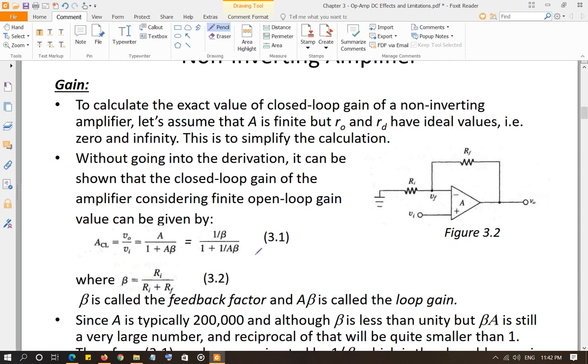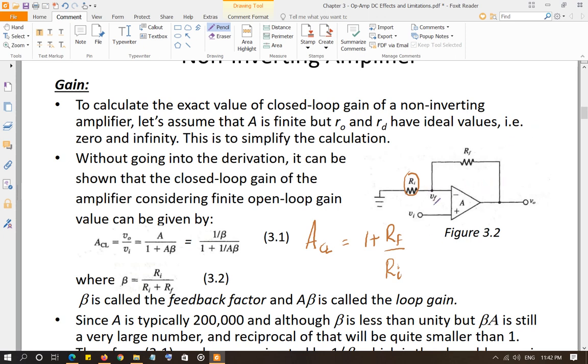So anyways, the closed loop gain of the non-inverting amplifier. Remember, the closed loop gain that we discussed in the last chapter was 1 plus RF over Ri, or R1, whatever this resistance is. Ri, you're calling it. It's not input resistance, remember that.